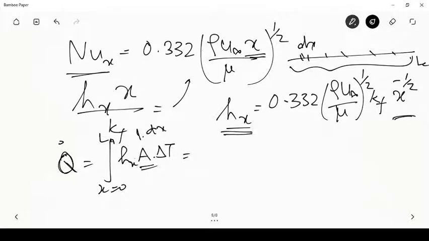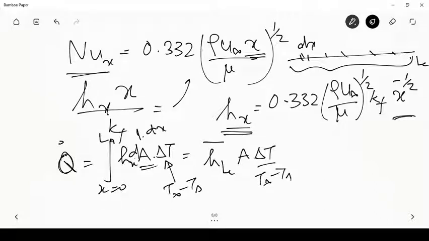If I then write this as equal to an average heat transfer coefficient over Lc into A into delta T, where delta T is the same, it's T infinity minus Ts. So this area is nothing but now Lc into 1.